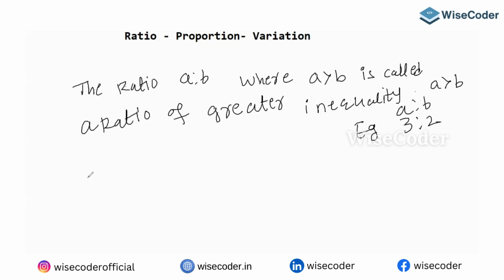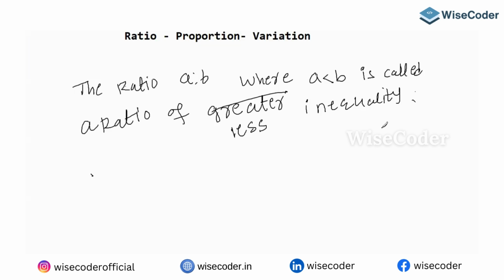Next, the ratio A is to B, where A is less than B. When A is less than B, you can write this as a ratio of less inequality.